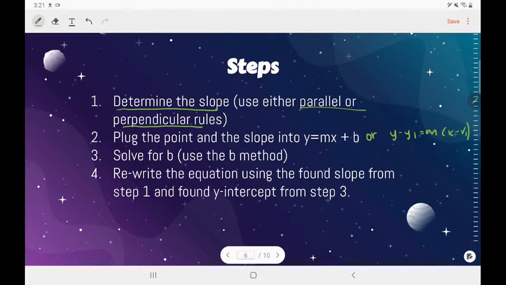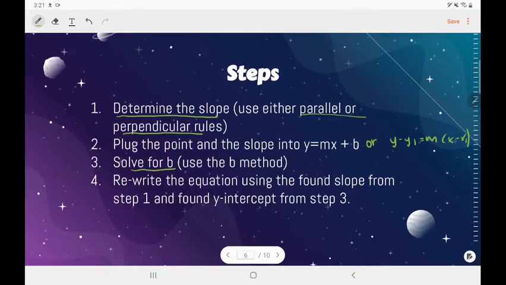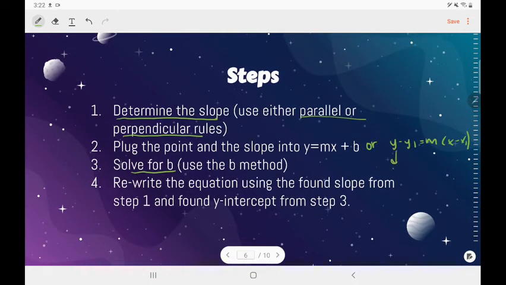You can choose your favorite method. I'm either going to solve for b, or if I'm using this method, solve for y. And I'm going to move on to step 4 of rewriting it, unless I've used the point slope method, in which case I can stop.